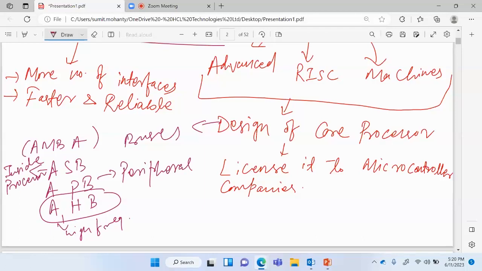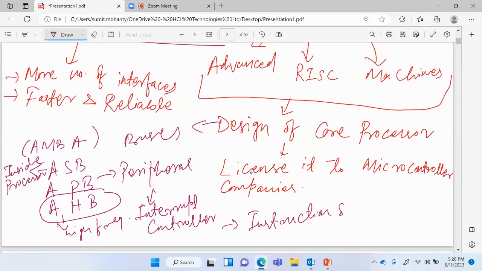Clear? So they license it to the different microcontroller companies. Before that, they design the core. Where should the peripherals be? Where should the buses be? Where should the interrupt controller be? These are all things they basically do. What should the instruction set be?